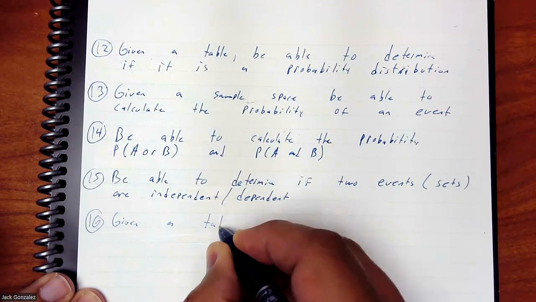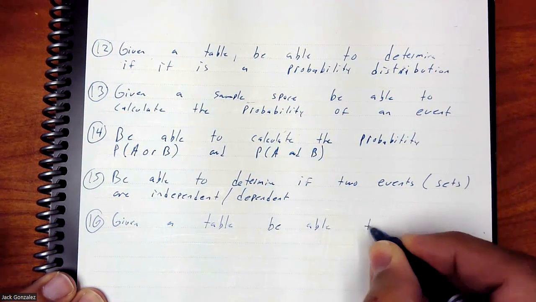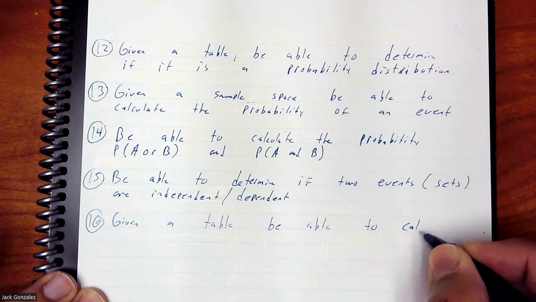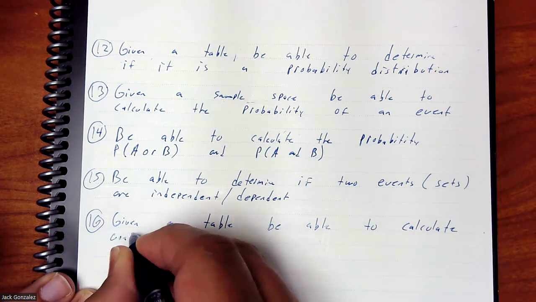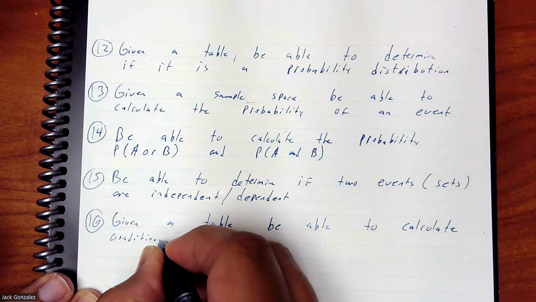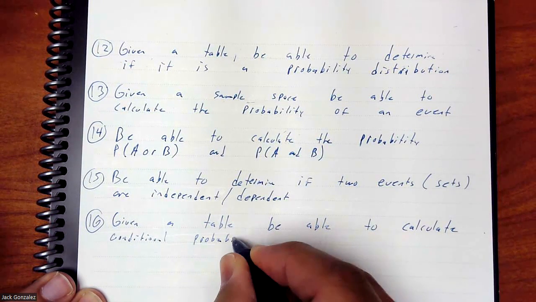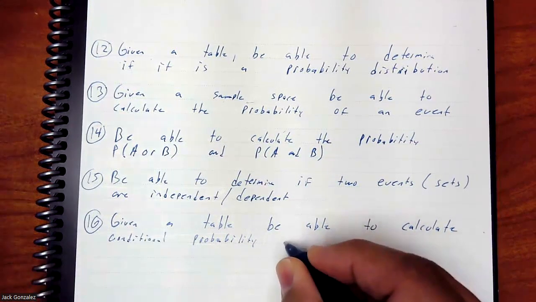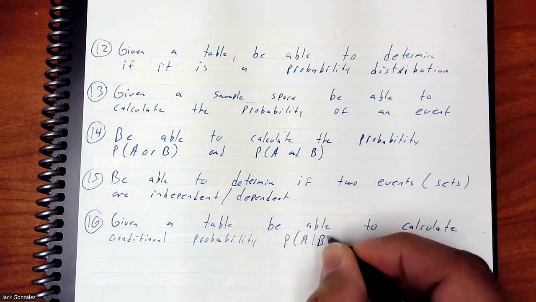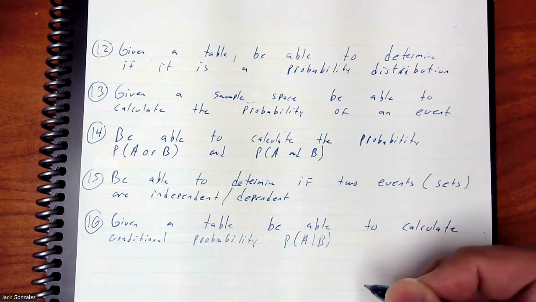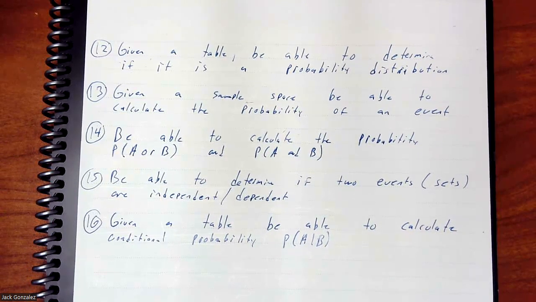Given a table, be able to calculate conditional probability. It was probability of A given B or B given A. I forget how I wrote it. You remember?